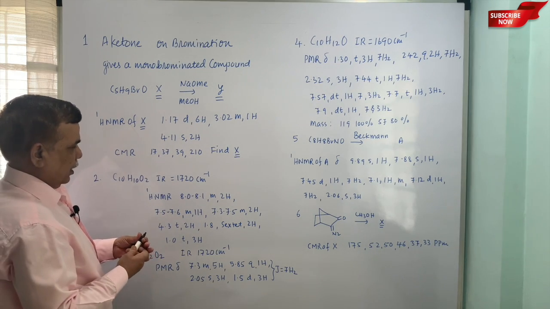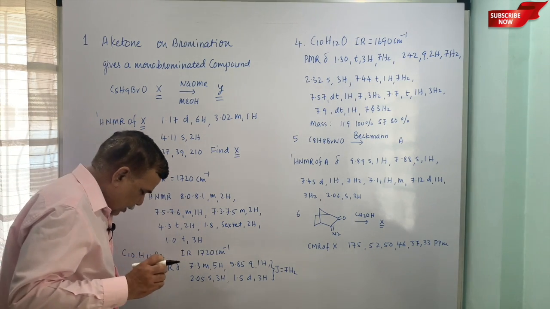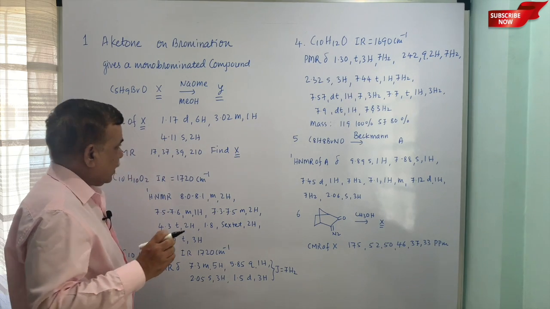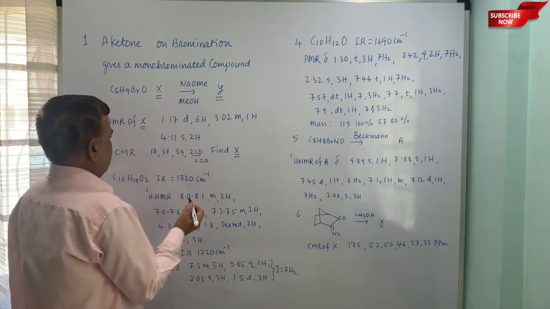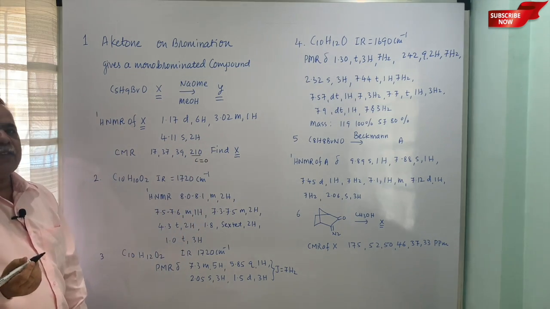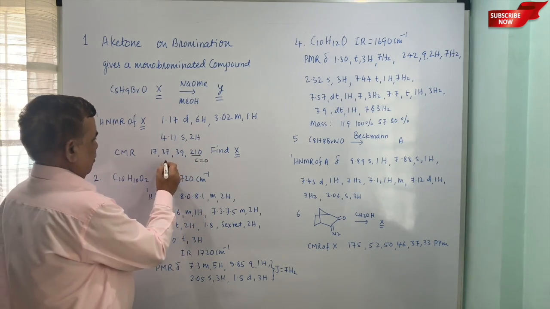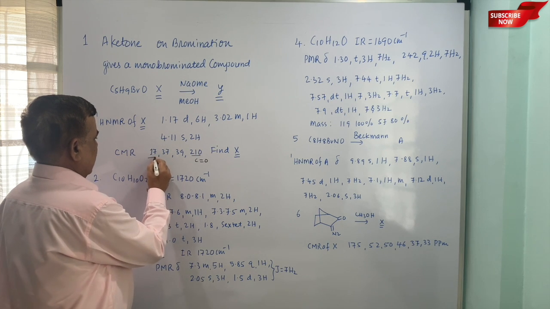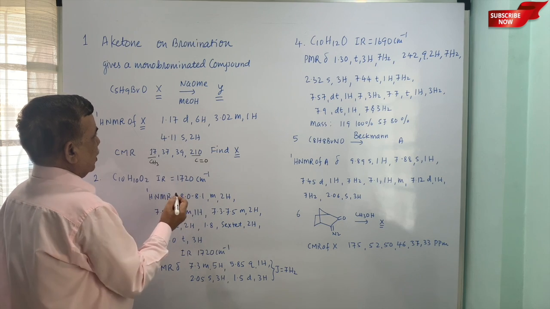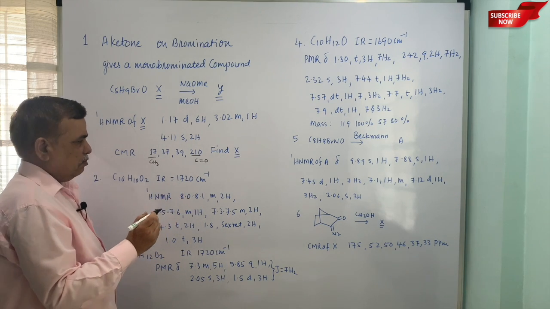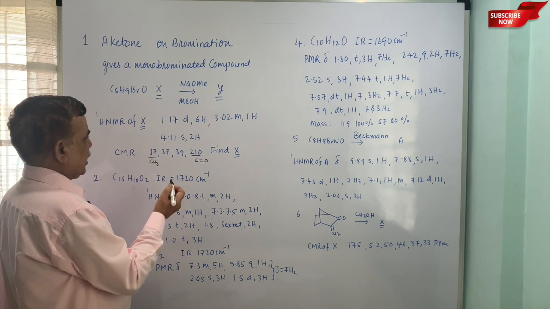Now, first of all we have to look at the data provided to us. Looking at CMR, 210 stands for ketocarbonyl, and this looks like methyl, and the other two look like methine and methylene.